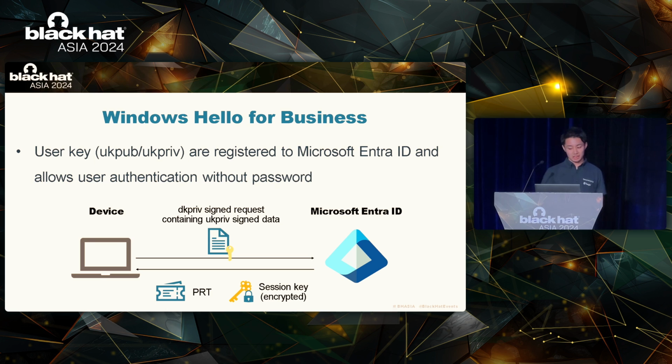When authenticating with Windows Hello for Business, first we need to send a device key signed JWT that contains the user key signed data. I know this is kind of complicated. Then Entra ID can return the PRT and also the session key. With this, we can create the PRT cookie as we have seen before. So let's look at the complicated signed data.